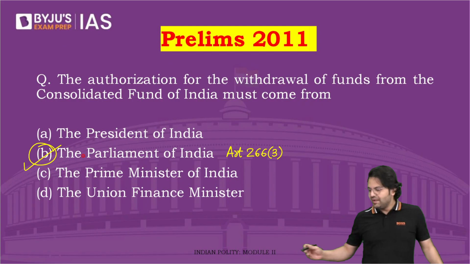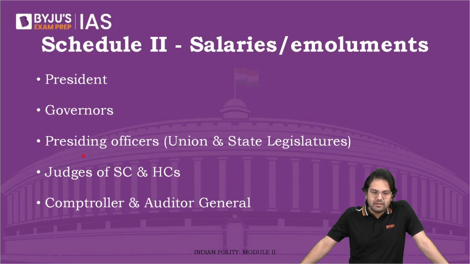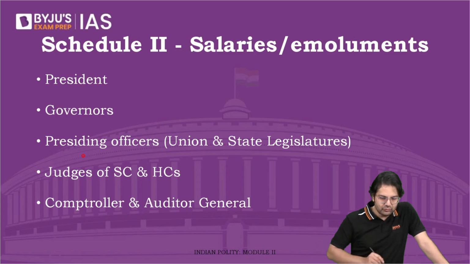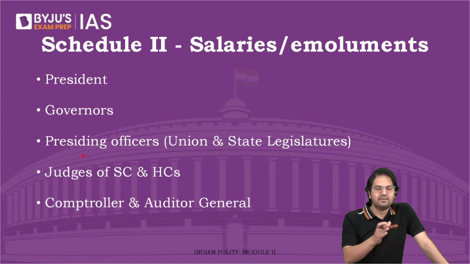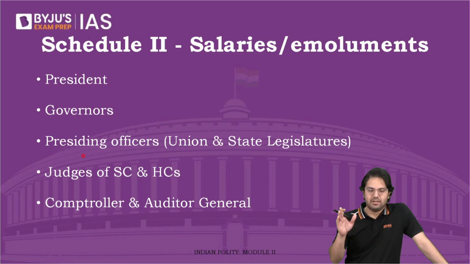Now, since we are already discussing the schedules and salaries, let me introduce you to one more schedule. Yesterday we had discussed Schedule 7. What is Schedule 7? It lists three lists: Union, State, Concurrent.